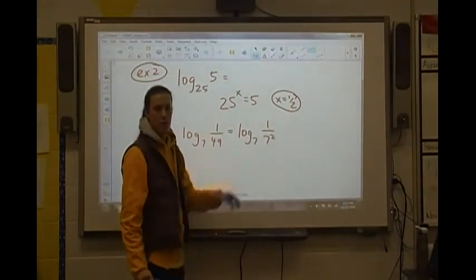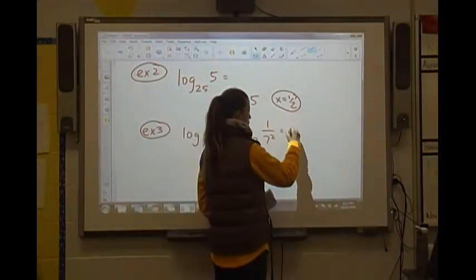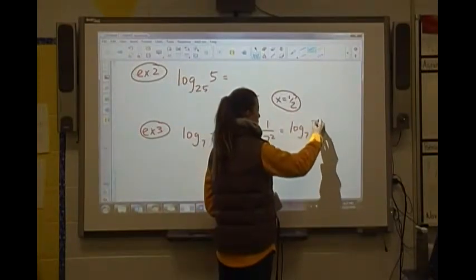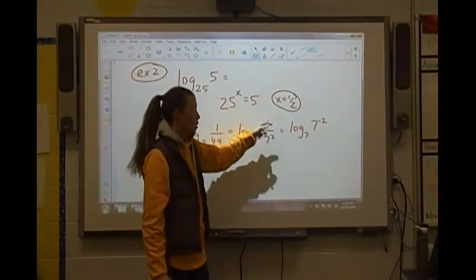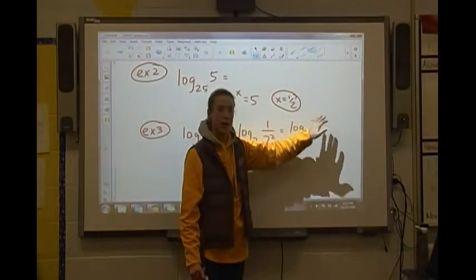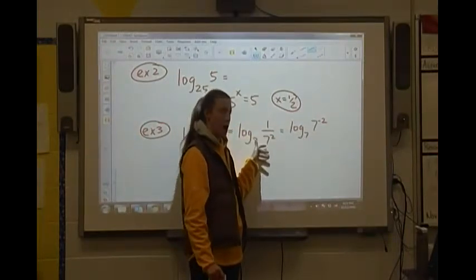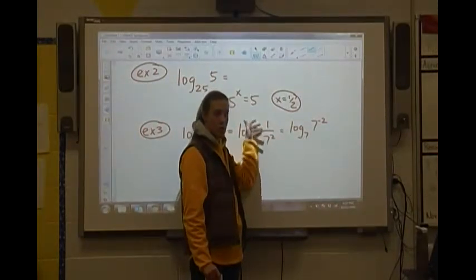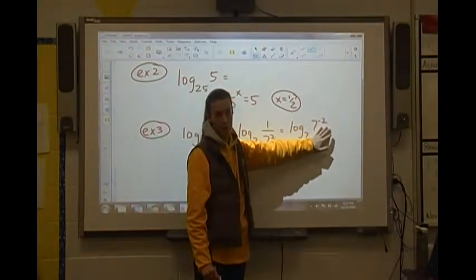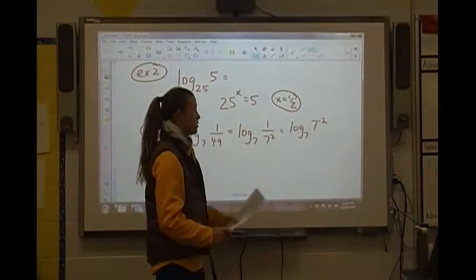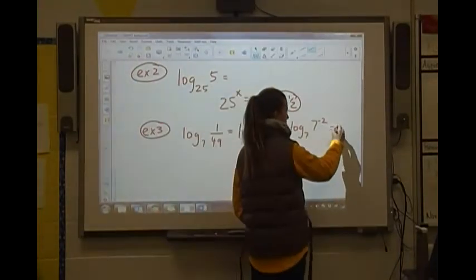We still don't have those bases matching perfectly, so we're going to change this into log base 7 of 7 to the -2. Remember, if we move anything up to the numerator of a fraction, that changes it to a negative if you change levels of a fraction. If it was a negative up here, moved it down, it'd be positive. If it's a negative down here, moved it up, it'd be positive. But here, this is positive, moved it up, so now it's going to be a negative exponent. So using our property, if we have 7 and 7, those match, then our answer is just -2.